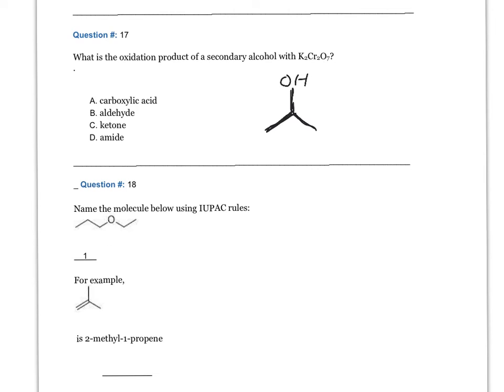So that's secondary, 1, 2 carbons are bonded to the carbon bonded to the oxygen. That's a lot of connections, but that's secondary. It has 1 implied hydrogen atom, so it can only undergo oxidation once. That would be the oxidation product. That's a ketone.